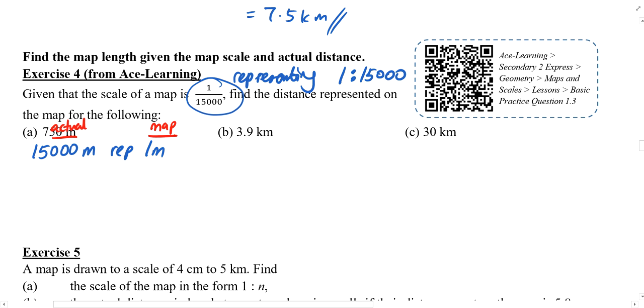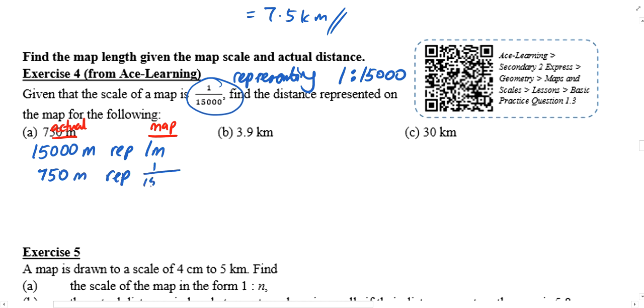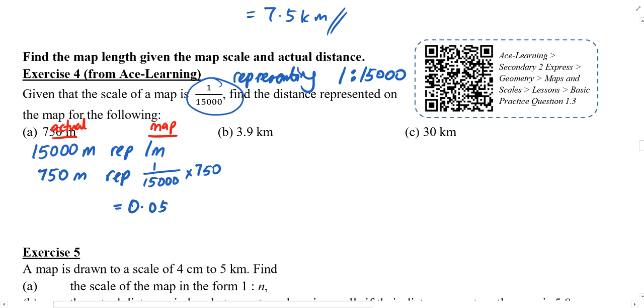So this helps me. 15,000 meters in actual represents 1 meter on the map. So now, actual, we've got 750 meters, will therefore represent 1/15,000 times 750. To give me 0.05 meters. Okay, this is on the map.